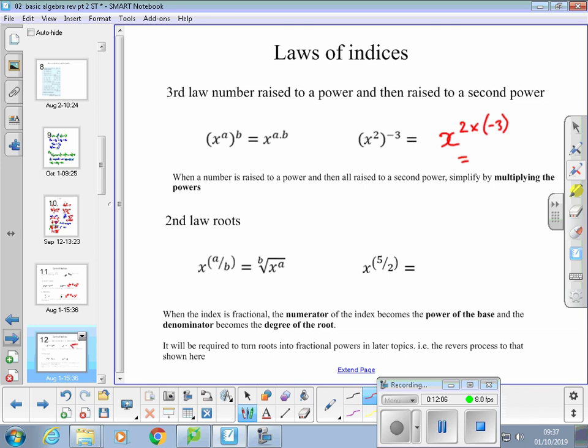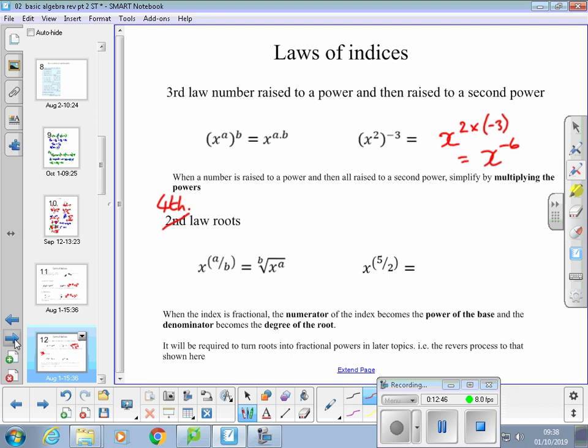The result of that being 2 times minus 3 is minus 6. Misprint in your handouts, that is the fourth law on roots. Okay. So all happy with numbers raised to a power, then raised to another power.